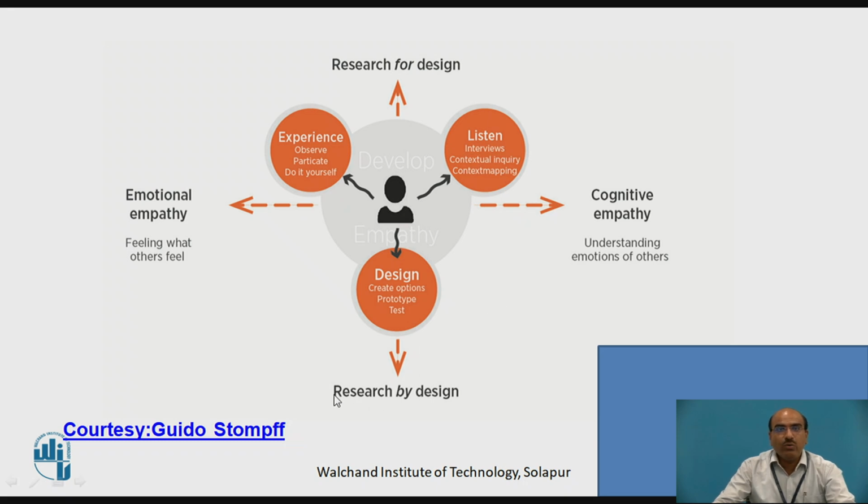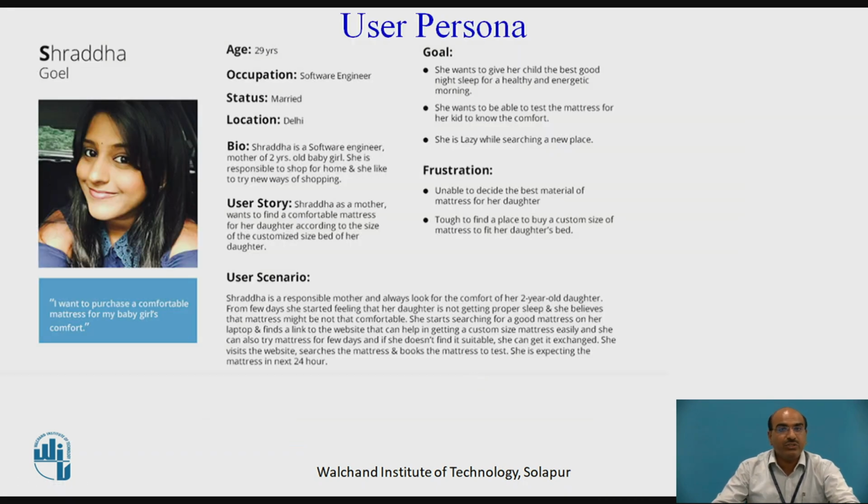Now, let us go with the research by design. Research by design essentially gives you a user persona. I took one example, Miss Shraddha Goyal. Her age is 29 and she is a software engineer. A user persona is a description of the user who is going to use that product, and the need is analyzed for the specific user.